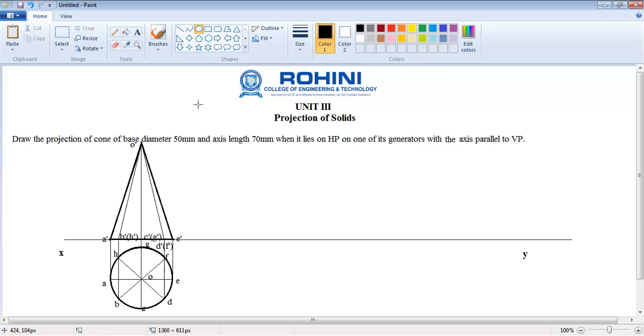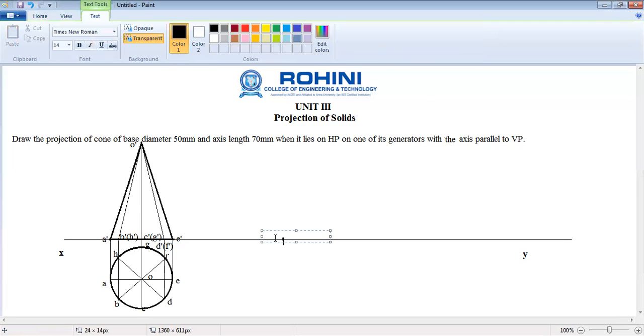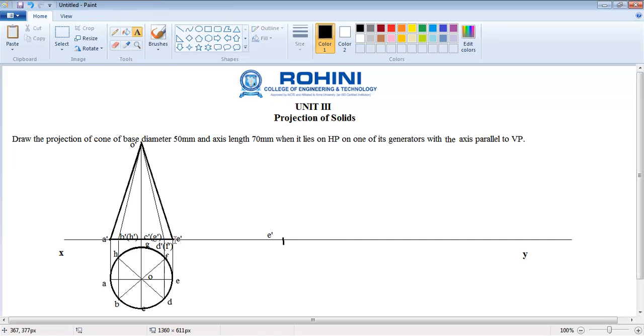Okay, so first of all, we mark a point on this XY line, that is E dash. Measure this E and O and cut an arc here.